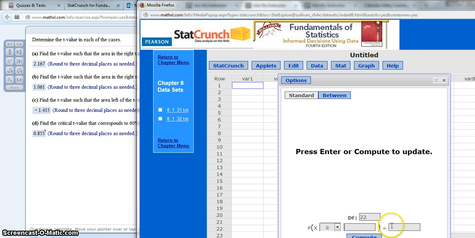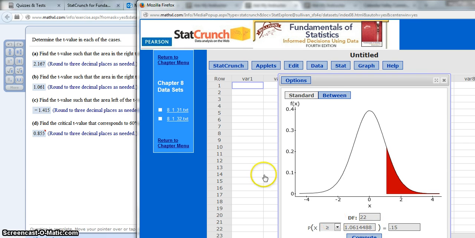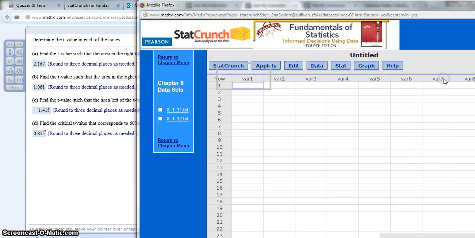This will give us our t value, right? This is our t value, 1.06. So that's how you can use the t calculator, also how to find some sample sizes.